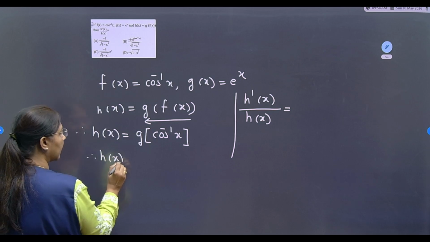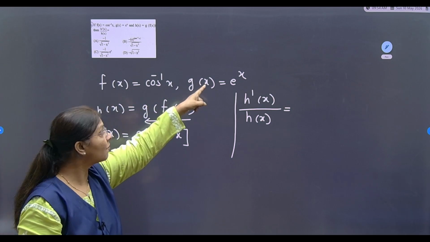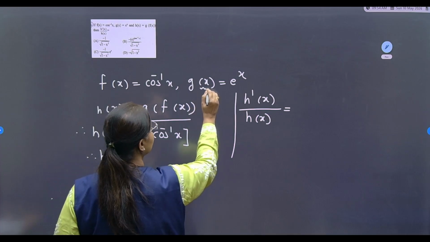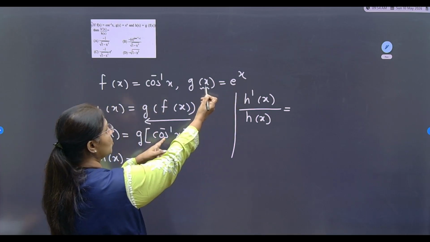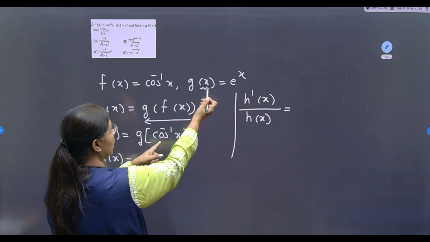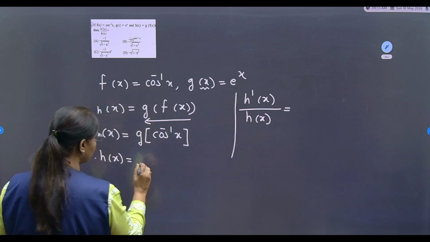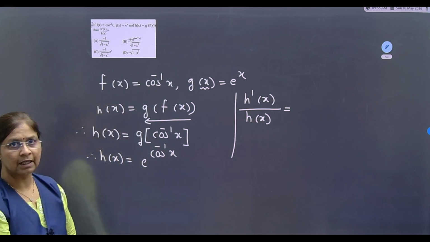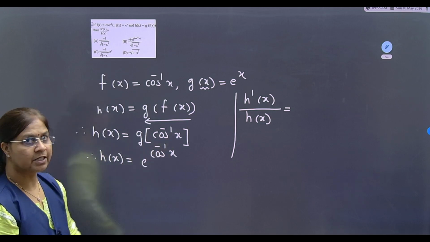Then we know that g of x is equal to e raised to x. Replacing x by cos inverse of x, g of cos inverse of x is equal to e raised to cos inverse of x. That means first define the function h of x, then take its derivative.